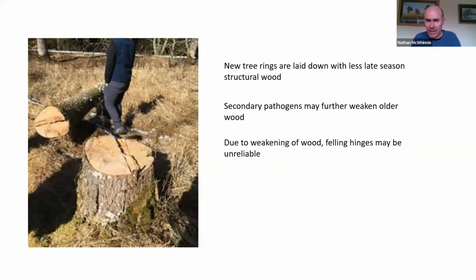But in a lot of cases, we're not going to be able to. A MEWP is a cherry picker, by the way, a mobile elevated work platform. So we can fell the tree from the cherry picker, and it isn't usually a problem. When you start to get into areas that you can't get a MEWP into, then you've got to decide: do we fell before the tree becomes unsafe?